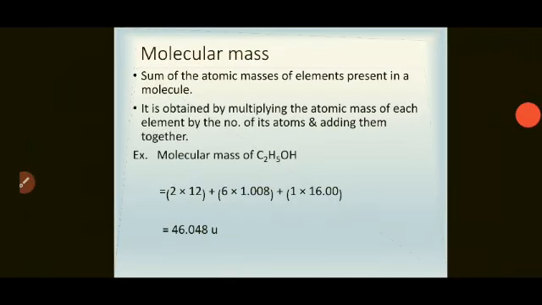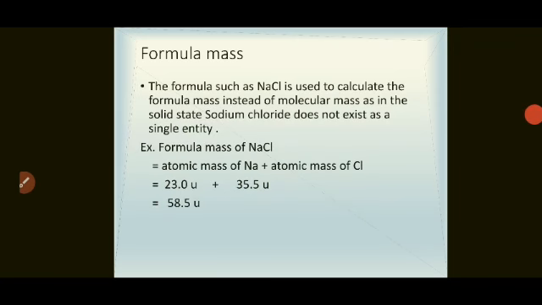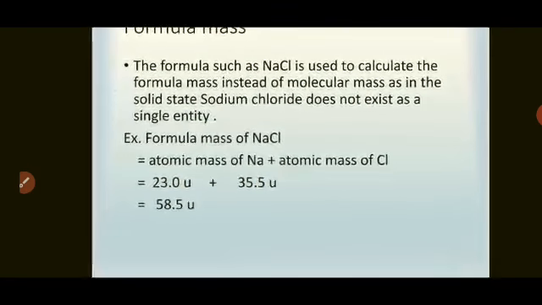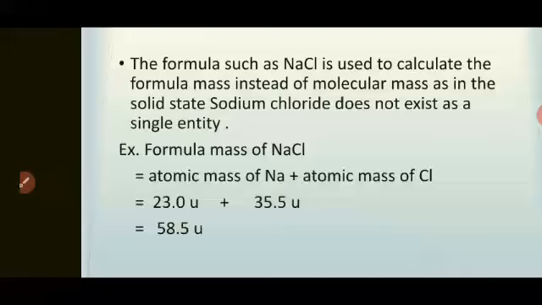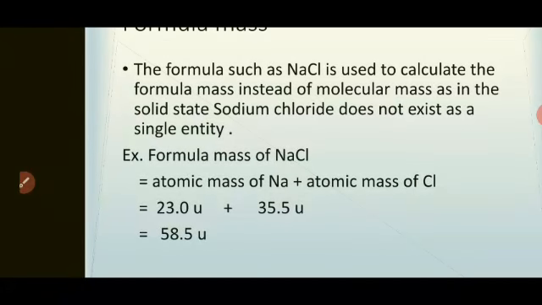Similarly, we can find out the formula mass. Now, why are we using the word formula? Because for a formula like NaCl or any other salt, we cannot find a single entity, and hence it is considered as one formula. Just like molecular mass, we have to find out the formula mass.